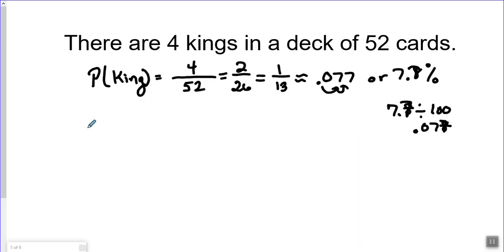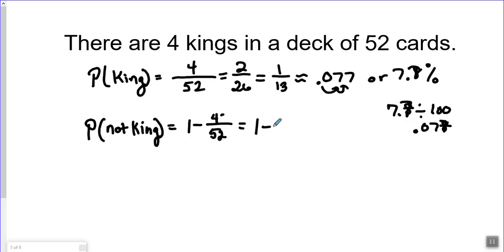So from there, we're going to say, what's the probability of there not being a king? Okay, so not a king would actually just be 1 minus 4 over 52. In other words, 1 minus 1/13.